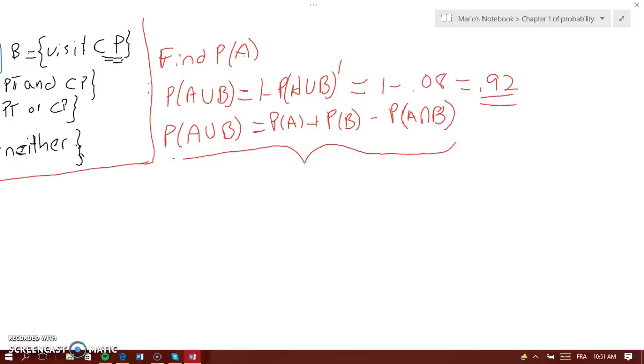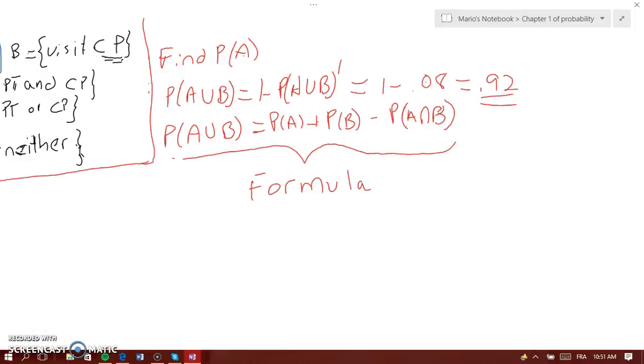You need to use this union formula right here to find some of the other concepts if you don't have any other things to use.